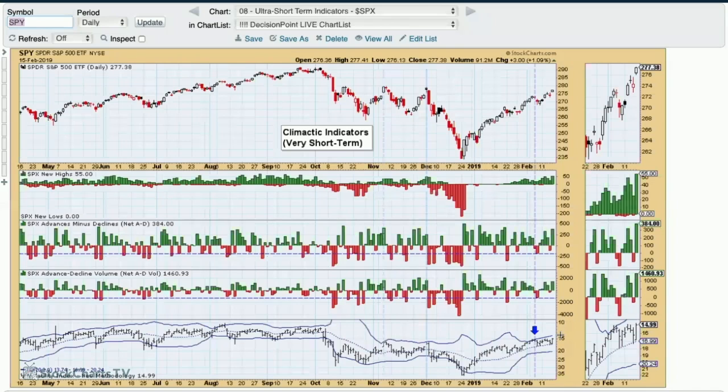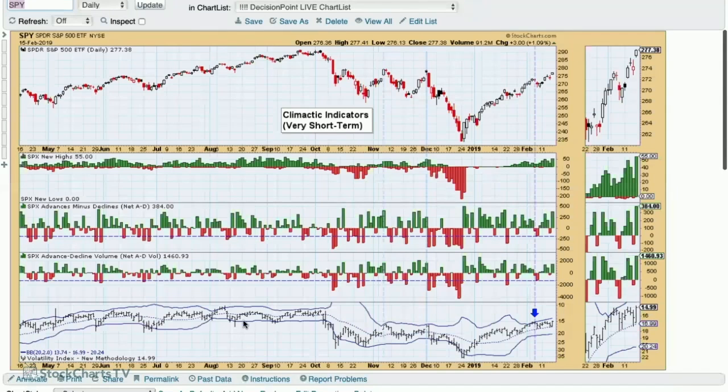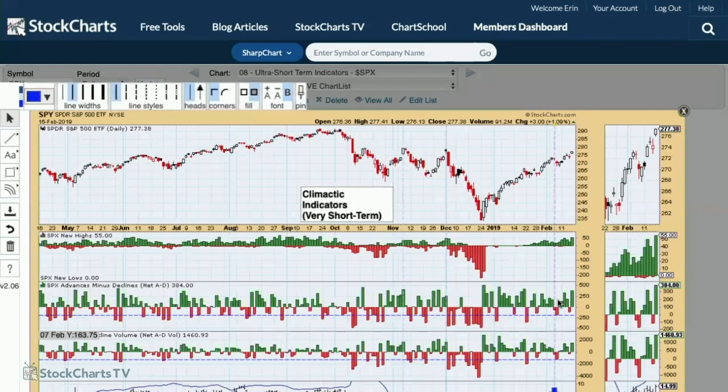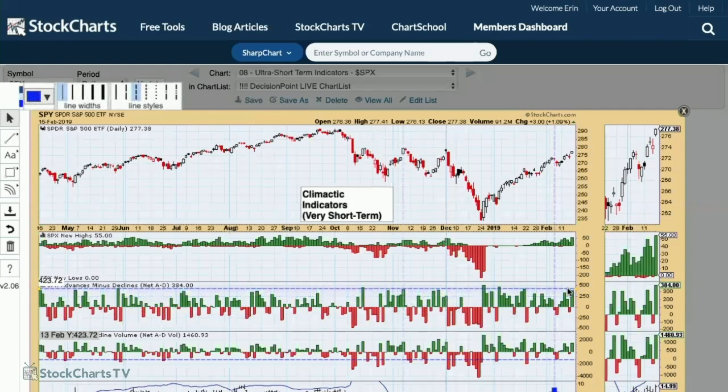We know that the tops on the AD lines and the AD volume bars were squeezing together, and then today we've broken out of that trend. Yeah, so there's the reading right there and the one right here.